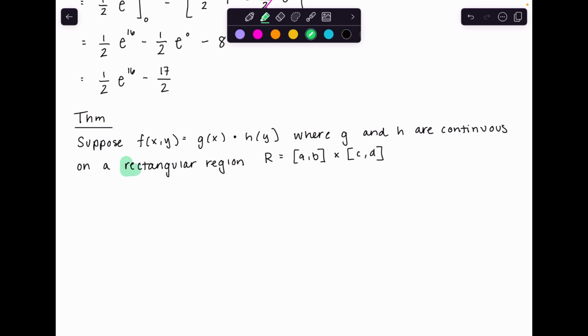And again, emphasis, it only is good for rectangular regions.